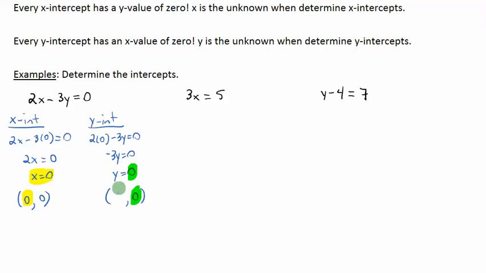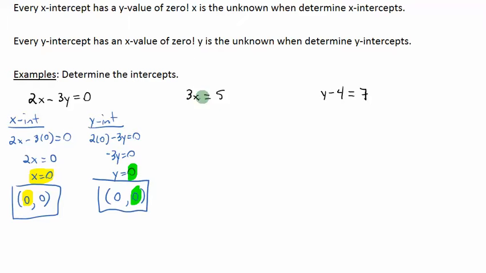And since it's a y-intercept, I know x is 0. I plugged in 0 for x initially. So now I've got my x-intercept and I've got my y-intercept. Notice they're the same. The only time they can be the same is if they're both 0, 0, because 0, 0 is on the x-axis, but it's also on the y-axis. So it's not very common that they both have the same intercepts, but in this case they did, which is fine.